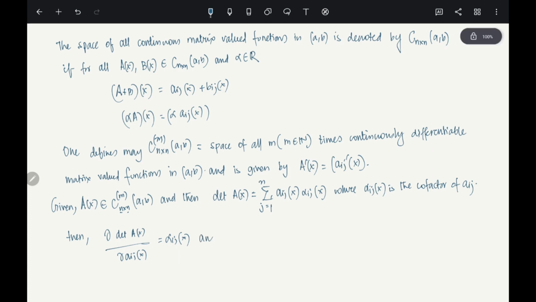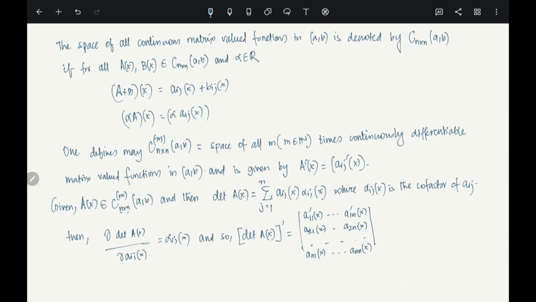Okay, and therefore, you see, the determinant of A(x), if you take the derivative of the whole thing, will be nothing but the determinant with first row a_11'(x), ..., a_1n'(x), and the other rows a_21(x), ..., a_2n(x), ..., a_n1(x), ..., a_nn(x), plus the determinant with first row a_11(x), ..., a_1n(x), second row the derivatives, and so on down to a_n1(x), ..., a_nn(x).